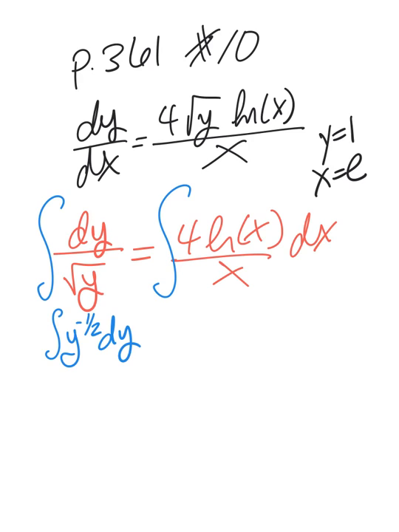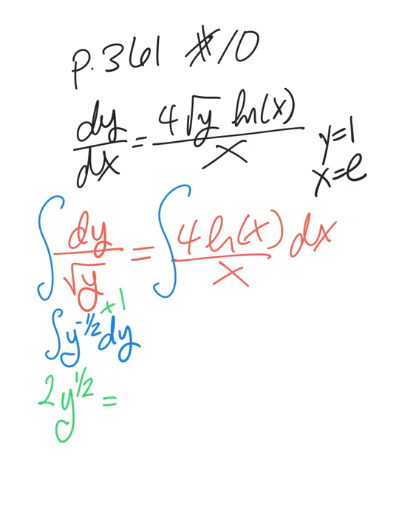And what's our rule? Add 1 to the exponent, divide by the new exponent. Negative 1/2 plus 1 is a positive 1/2, right? But instead of dividing by 1/2, we multiply by the reciprocal, which is 2.